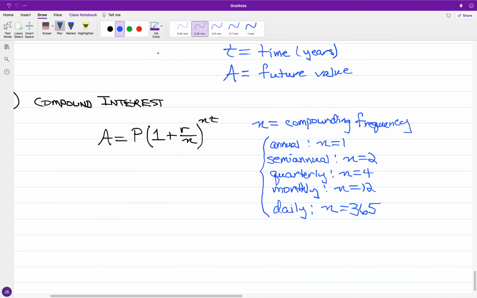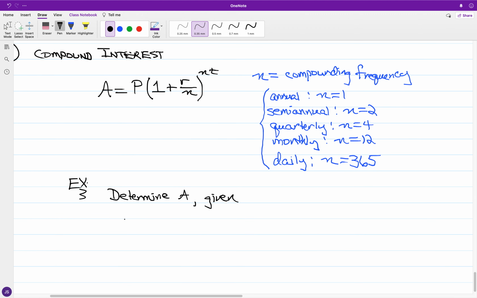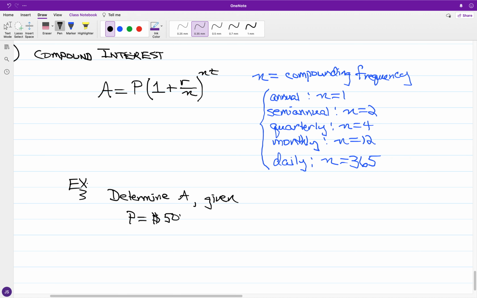Let me give you an example with compound interest, where we're looking at determining A. We'll say the principal P is equal to $5,000, and the time span will be 6 years.